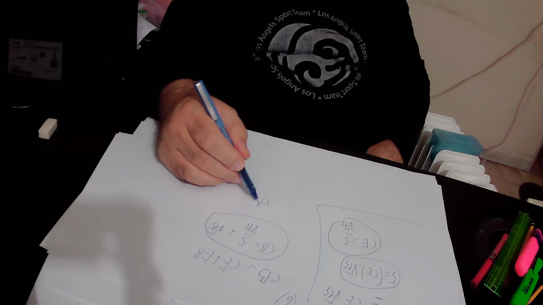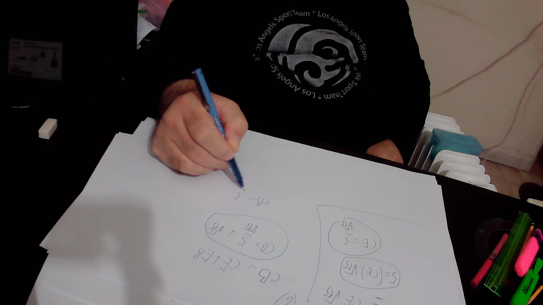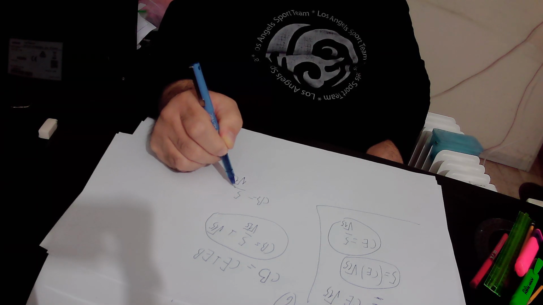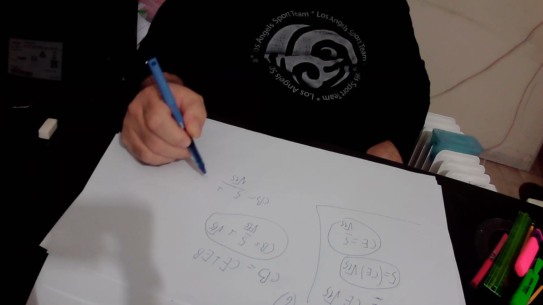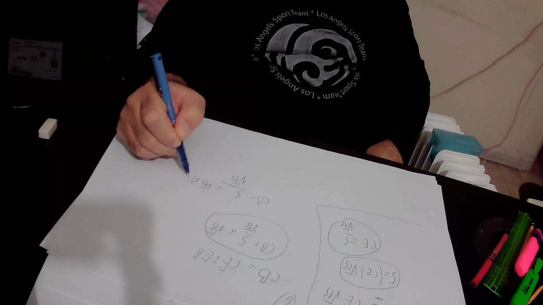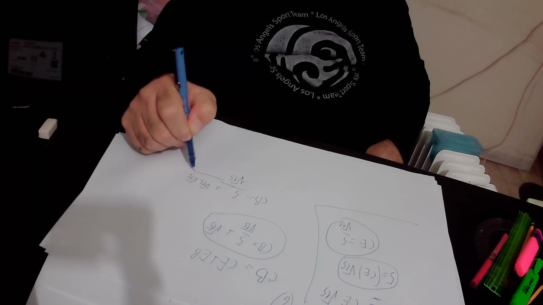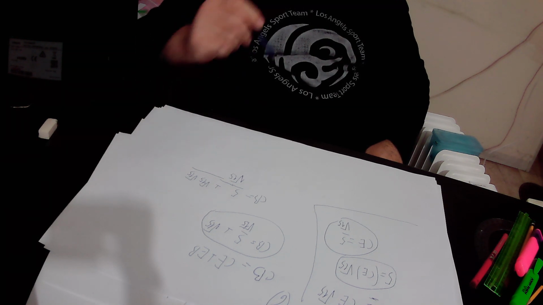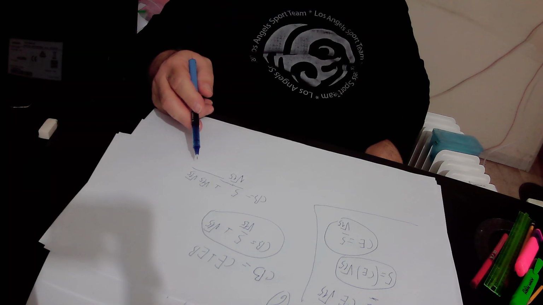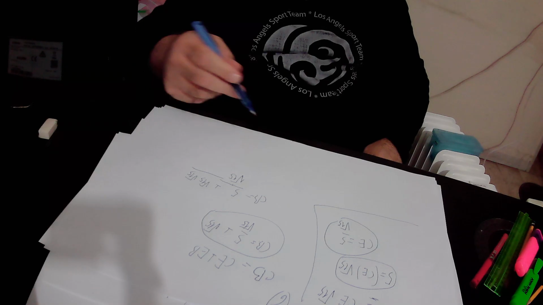So CB equals 5 over square root of 15 plus square root of 15 times square root of 15 over square root of 15.